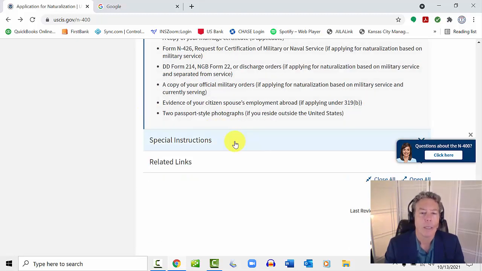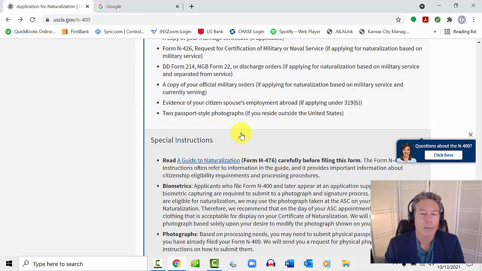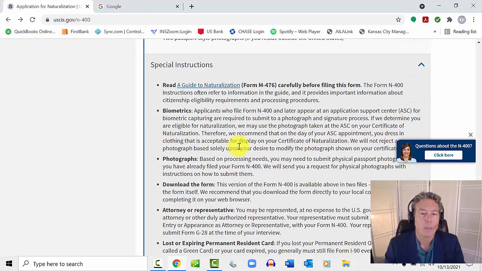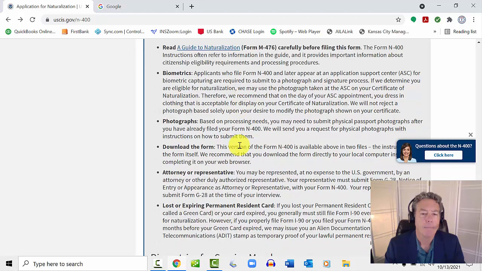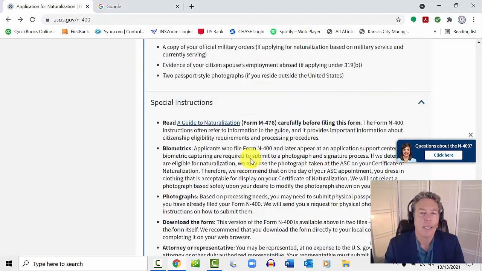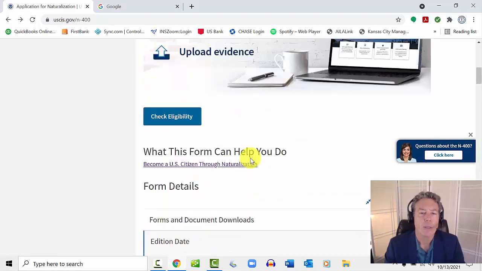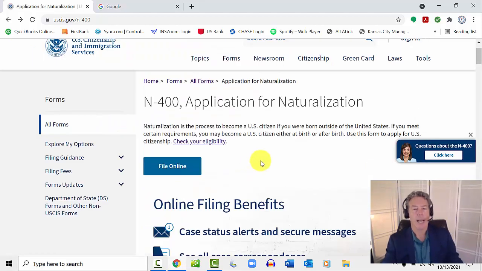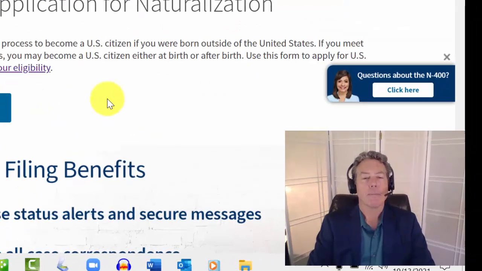Just saying. Then there's special instructions here. Guide to naturalization before filing this form. And then this is all biometrics. Nothing here to see. But we got your addresses. We have your forms, and we have now your documents, everything you need for the N400 application for naturalization.